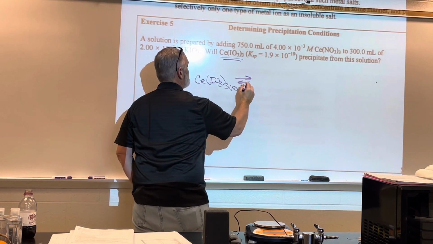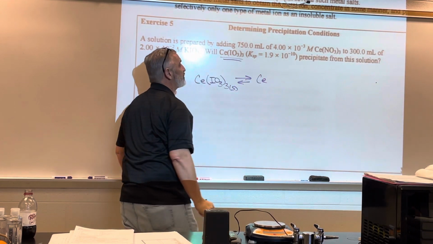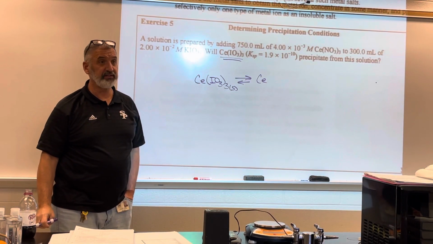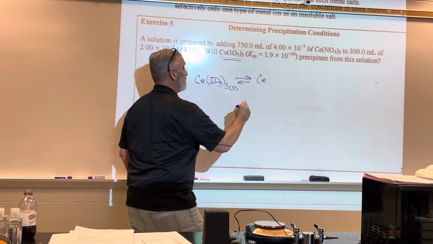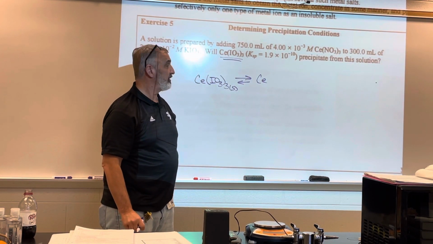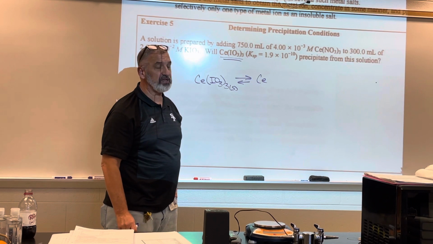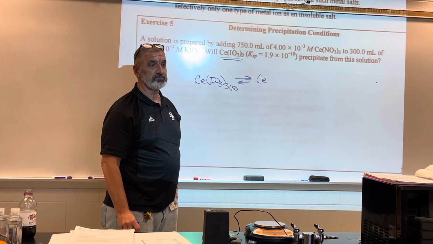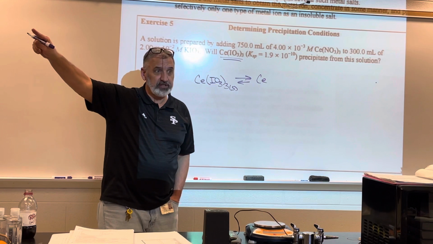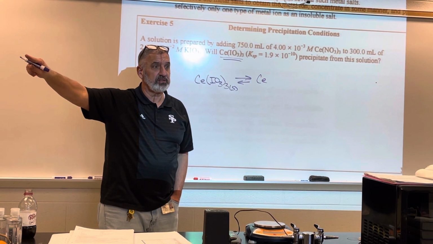So it's going to go to CE, and what's the charge going to be on CE? 3 plus. What's the charge on iodate? We just talked about it on the last problem. It's a halogen, so what do I know the charge is? -1.